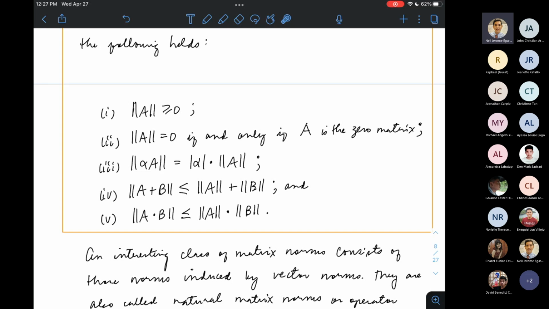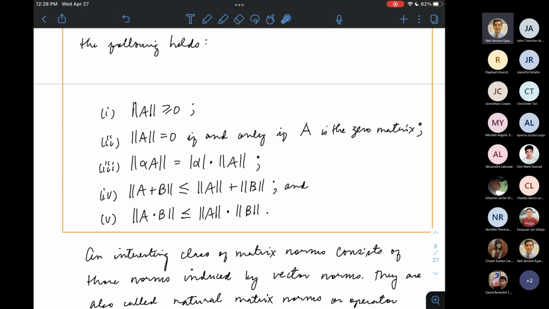Kasi after all, ang set of all matrices ay isa ring vector space. Kaya naman, magkamukhang-kamukha yung definition nila. So you have the non-negativity assumption, the zero property, the homogeneity property, and the triangle inequality. Sorry, let me correct that: the first four are complete replicas na nandun sa Definition 8.1.